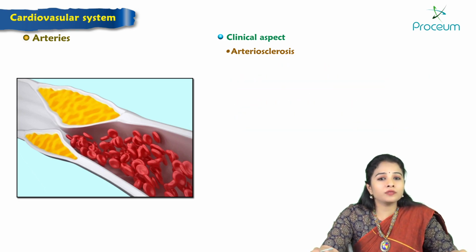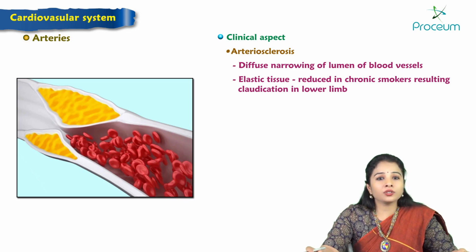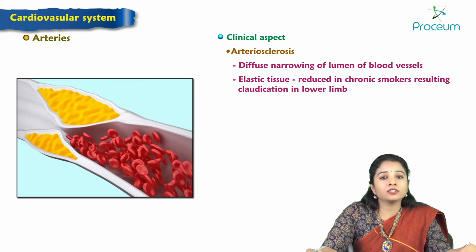Subsequently it leads to diffuse narrowing of the lumen of the blood vessels. Elastic tissue is reduced in chronic smokers, resulting in claudication in the lower limb. So that is about arteriosclerosis.